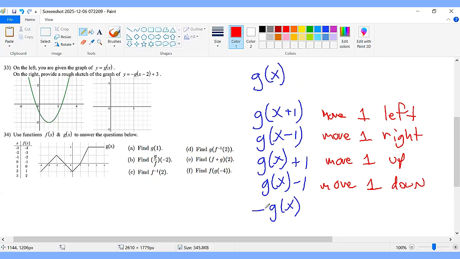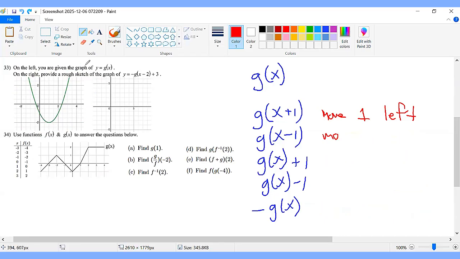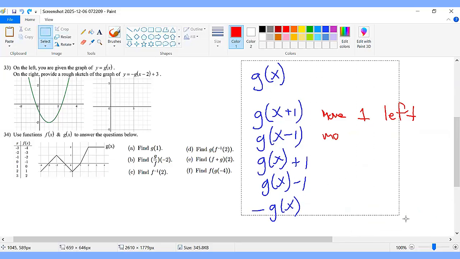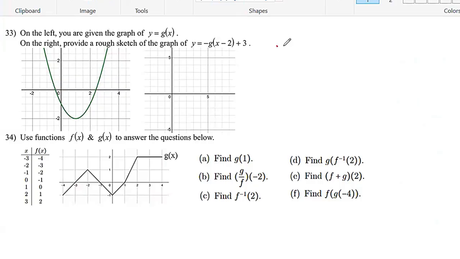Now, what if you put a minus sign outside? That will reflect or flip the original picture vertically. So with all these things in mind, let's see if we can modify this original graph here. Now, the order does matter. These are called transformations. So if I have negative, parentheses, x minus 2, plus 3, the first move would be this guy.